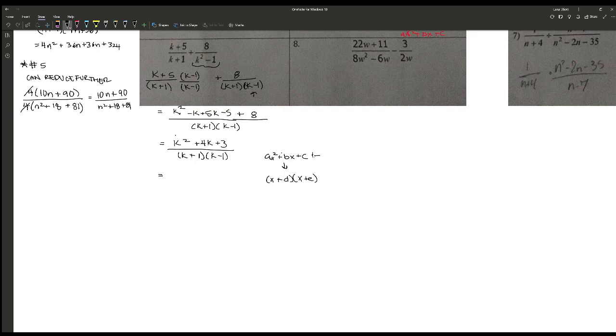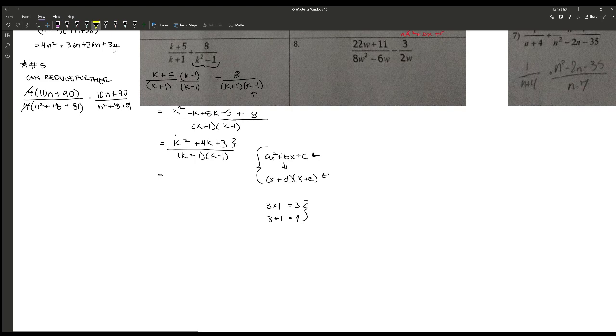Whatever, this is standard form. So we are going to be doing this procedure here to this. 3 times 1 gives us 3, and 3 plus 1 gives us 4. So those are our numbers.